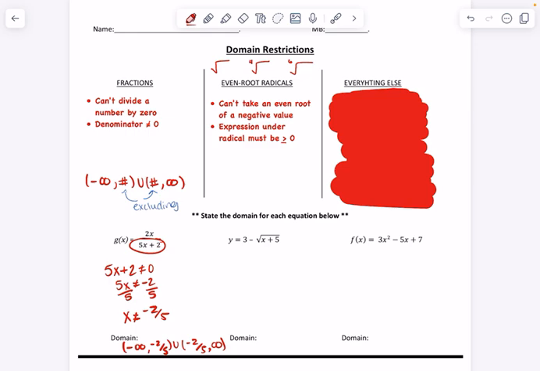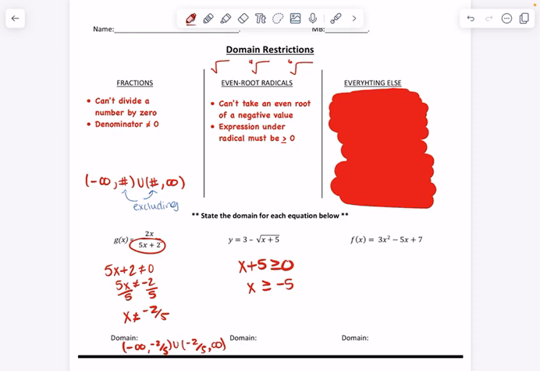But in your example below, we want x plus 5 to be greater than or equal to 0. So we're going to solve for x. We want x to be greater than or equal to negative 5. So we're going to write it in interval notation. And hopefully from the graphs, we're like, oh, plus 5 means left, right?